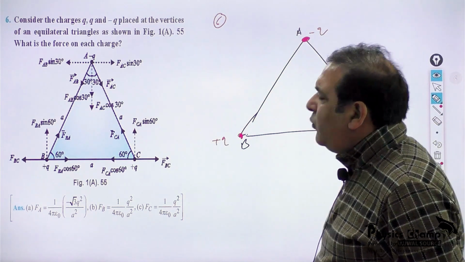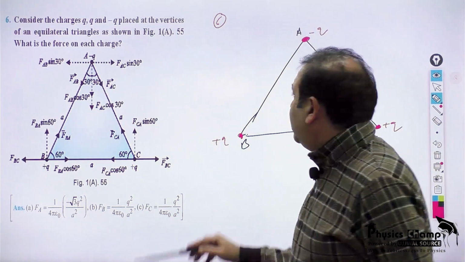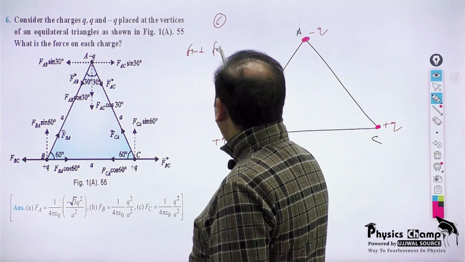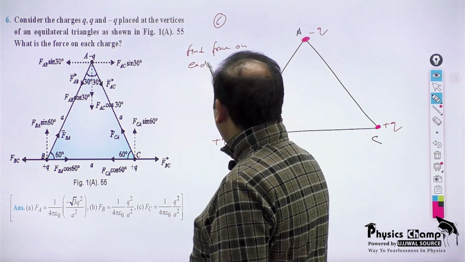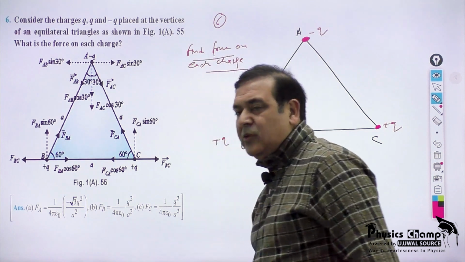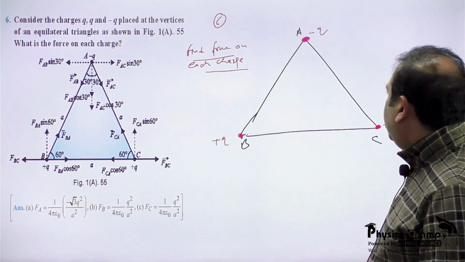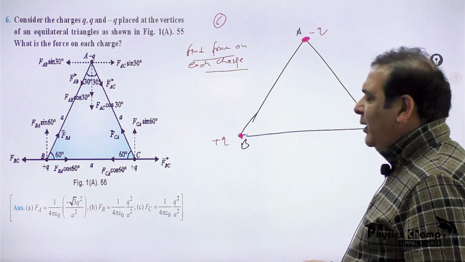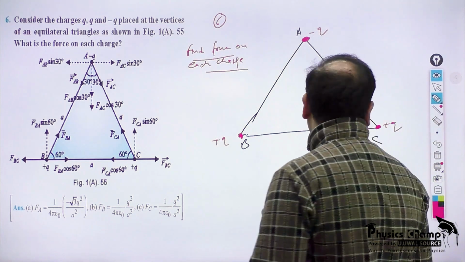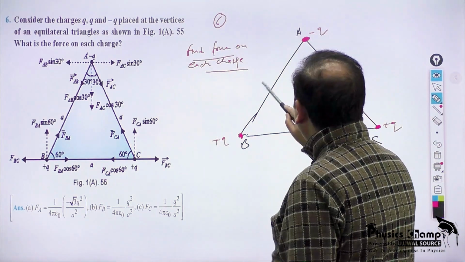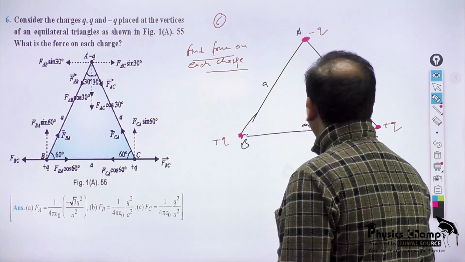Find the force on each charge. The question is, find force on each charge. It means I will be doing this question in 3 parts. We'll be finding the force on every charge separately, where the separation is every side a.